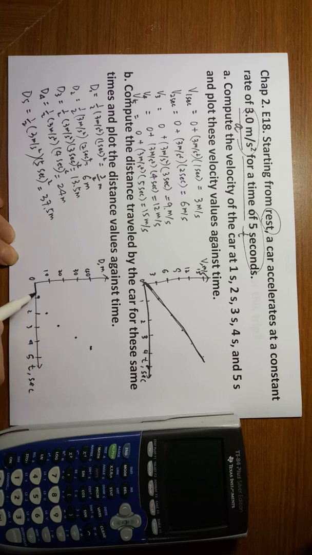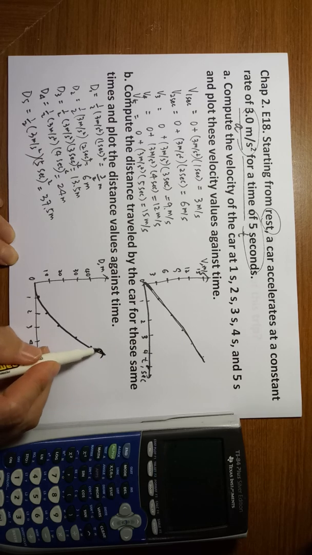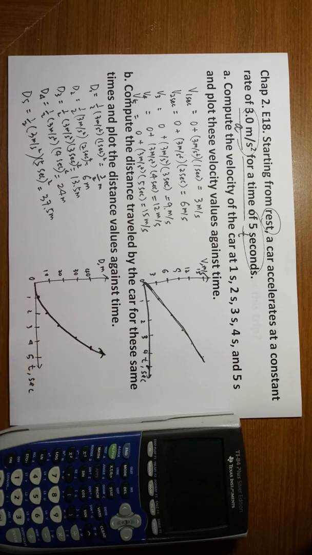And you can draw it this way as your graph. This graph we call a quadratic. The velocity graph is a linear graph, you can see. Okay, that is number 18. So I will see you later.